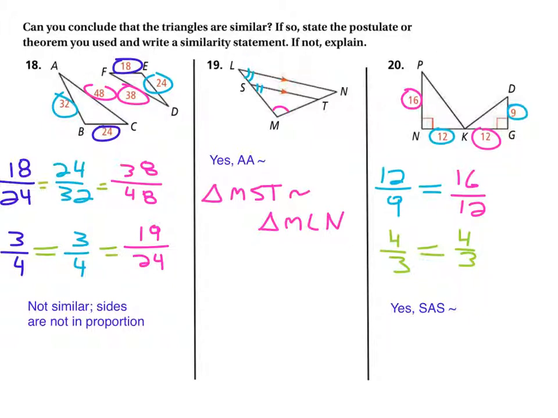If you're looking at my laser pointer here, for the big one, start at the right angle, N, and go up the purple side, N to P to K. So we would say triangle N-P-K is similar to triangle, and we're going to start at the right angle like we did before and go up the purple side, G to K to D. And that is the similarity.